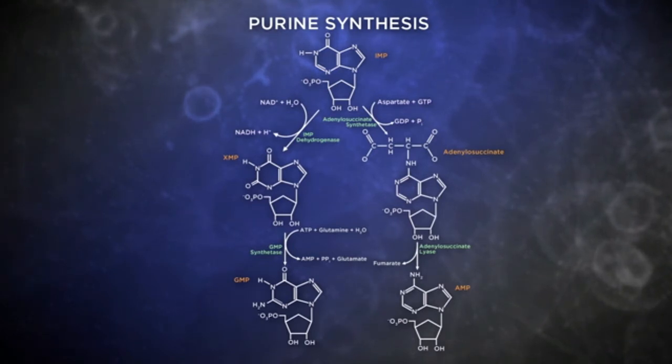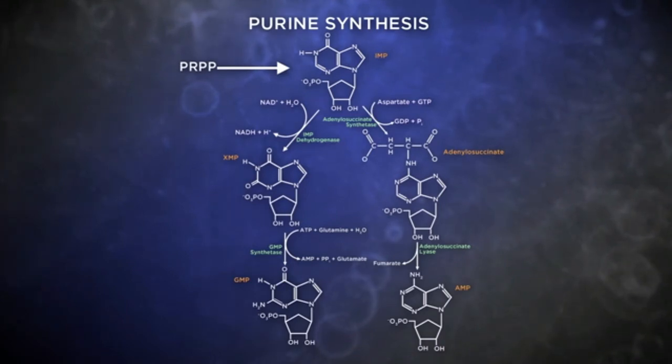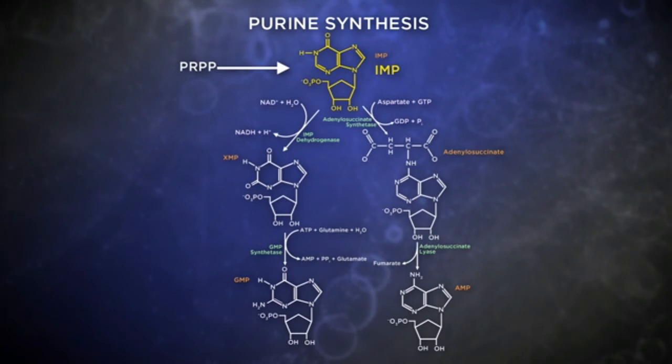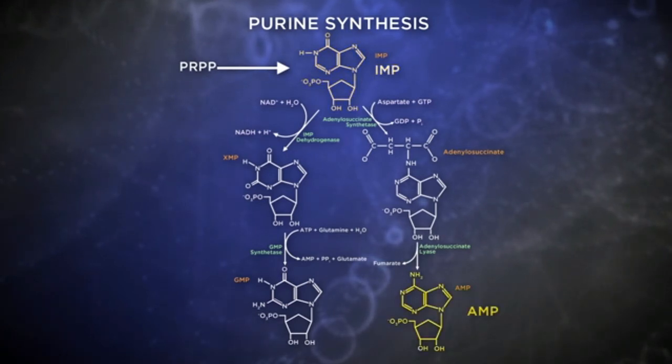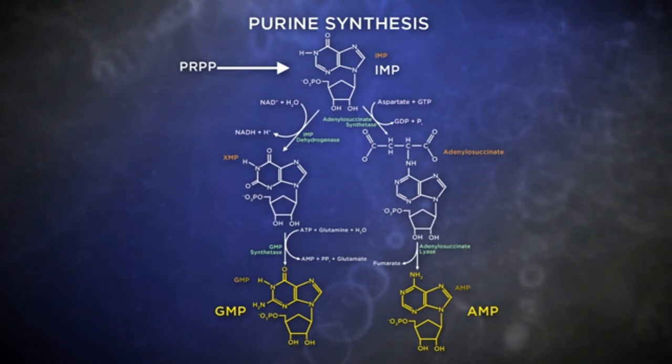Purine nucleotides get assembled atop the PRPP molecule. In this pathway, cells first make a molecule called inosine monophosphate, or IMP, that later gets converted to AMP and GMP. These nucleotides can then have additional phosphates added to make the corresponding diphosphates and triphosphates that I mentioned earlier.